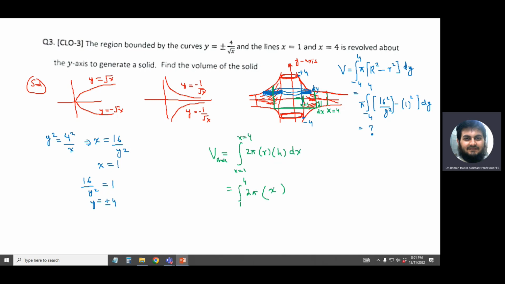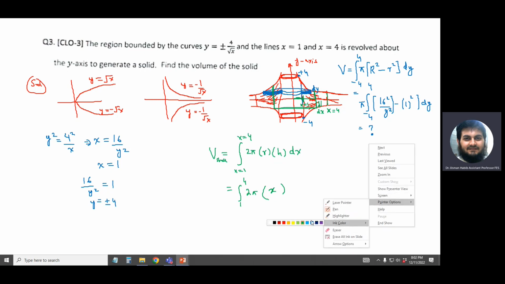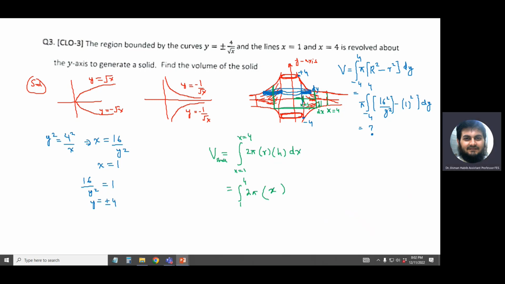We have chosen different points on the x-axis, and wherever we place our shell gives us the radius, the distance from the origin to that particular point. So I'm going to go with a different color for this. Let's use this one. The radius is the distance from this point all up to this point where we have placed the shell, and we know we are placing it on the x-axis, so the x will be the right thing to talk about for the radius.